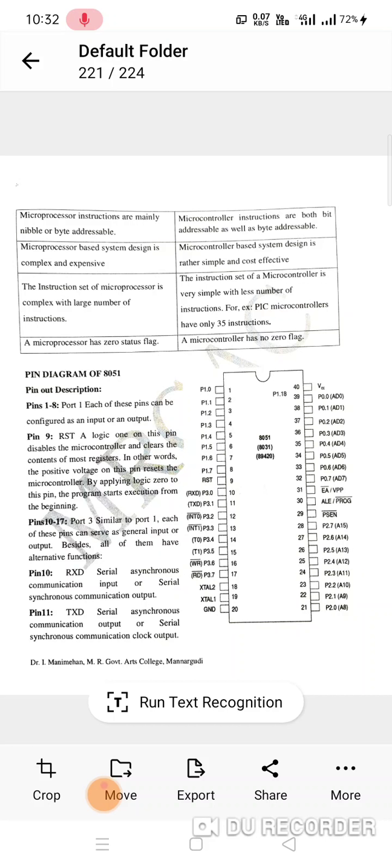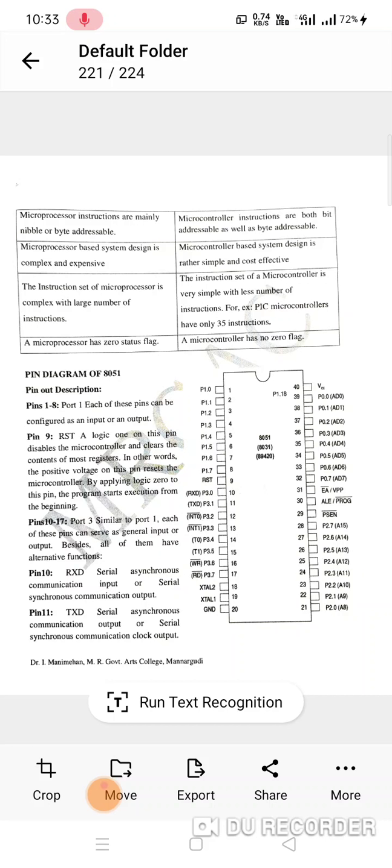So if logic high is applied on this pin, the microcontroller clears most of the registers, initializing them. If positive voltage is applied to this pin, the microcontroller will reset, and if logic zero is applied to this pin, the program starts execution from the beginning.